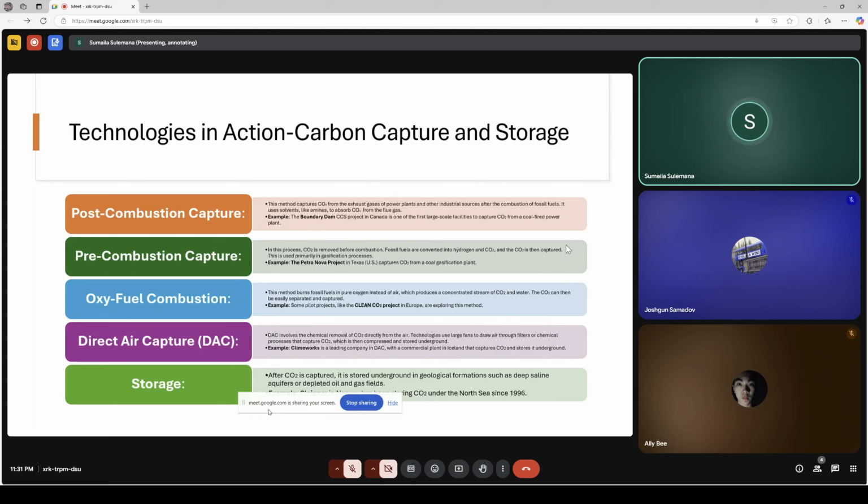This is a very good example of a deep saline aquifer project, and they've been working on carbon capture for a very long time, even before Climeworks and other new technologies that have been coming up in recent years.